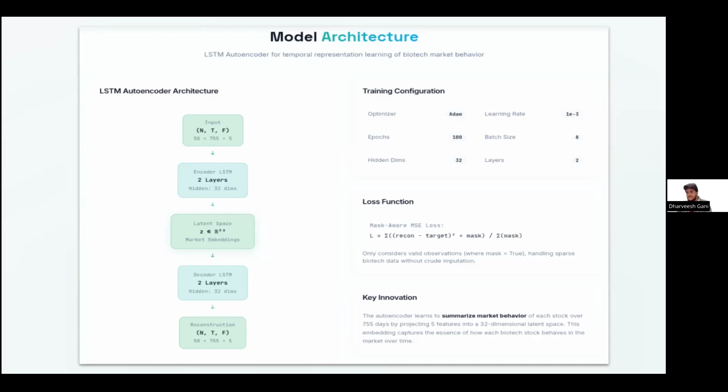We did 100 epochs of training, and we used the Adam optimizer and a learning rate of 10 raised to minus 3. With a batch size of 8, 8 tickers were processed at once. We chose these hyperparameters after several training debugs.